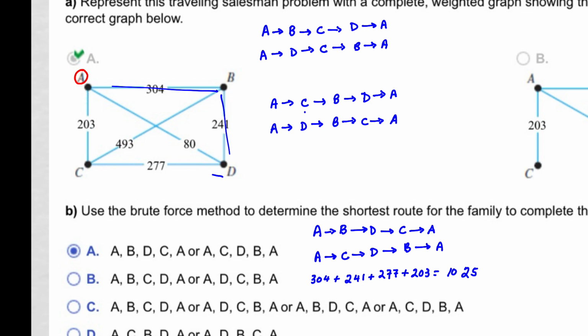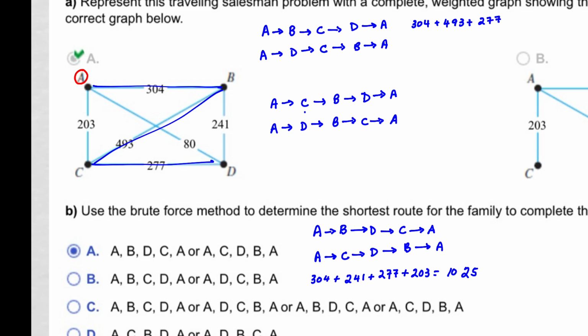I'm going to erase this. And I'm looking at this group, A to B to C to D to A. A to B is 304. B to C is 493. C to D is 277.